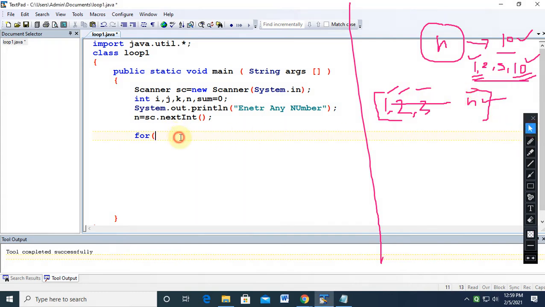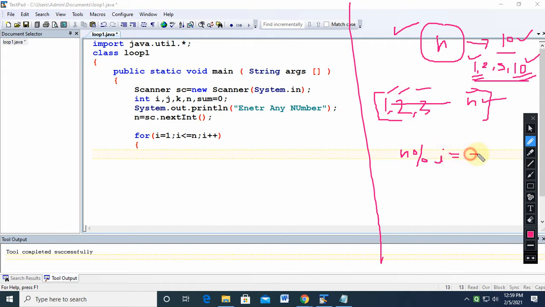For that you need a starting point, that is 1, and the last point must be n only, because beyond n the factors are not possible. Now every time, suppose the number is n, you will divide n by i, and check if the remainder is 0. If the remainder is 0, which one will be the factor, i or something else?